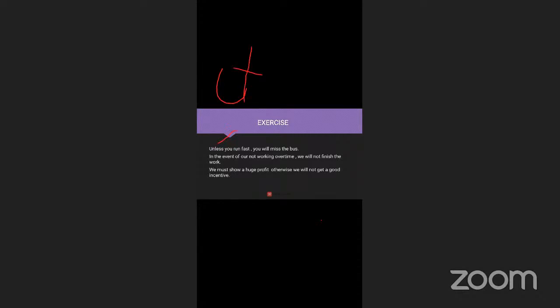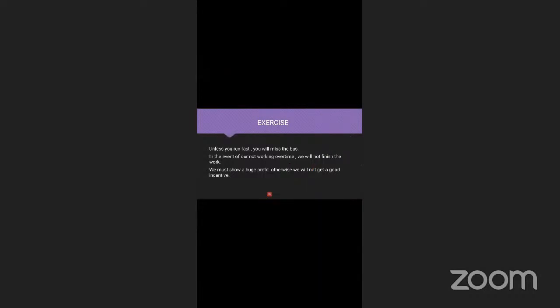So we can change this into simple first: in case of you're not running fast, you will miss the bus. Otherwise, you can write, you must run fast, otherwise you will miss the bus. That is the answer.